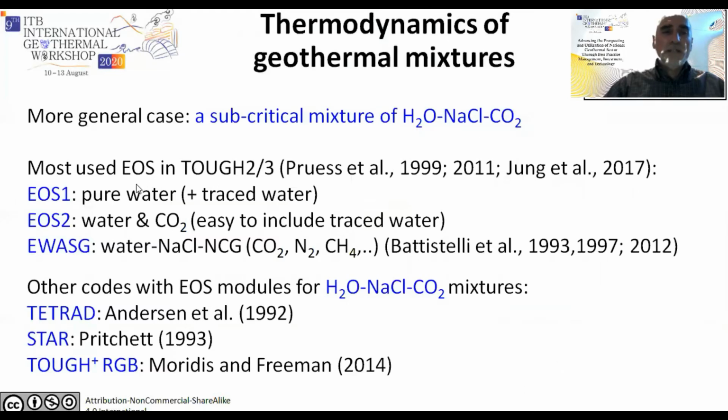But the most used equation of state modules for TOUGH2 and TOUGH3 are EOS1 for pure water, EOS2 for water and CO2, and EWASG, which is a three-component model for water, sodium chloride, and one non-condensable gas, usually CO2. Other codes with capabilities for three-component mixtures are TETRAD, STAR, and TOUGH plus RGB. TOUGH plus RGB is for real gas brine, developed at the Lawrence Berkeley National Lab.